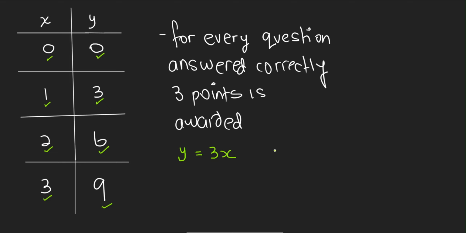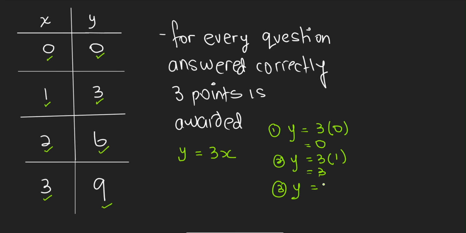Let's try this here. So y equals 3 times x, and let's say there are no questions answered correctly. Which means now y is 0. What is the value of y when x is 1? It is 3. And let's try another one. What is the value of y when 3 questions are answered correctly?